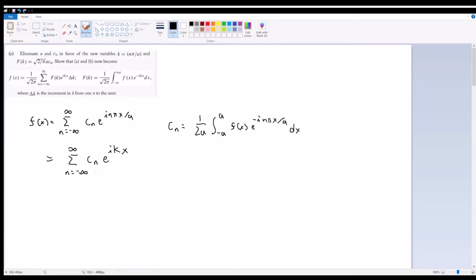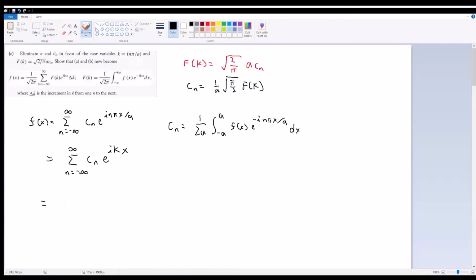Next, we have the cn that we want to replace. So what we have is that f of k is equal to square root of 2 over pi multiplied by a times cn. What we can instantly do is reverse everything to define this in terms of cn. Cn is going to equal 1 over a times square root of pi over 2 times f of k. So we replace that here.